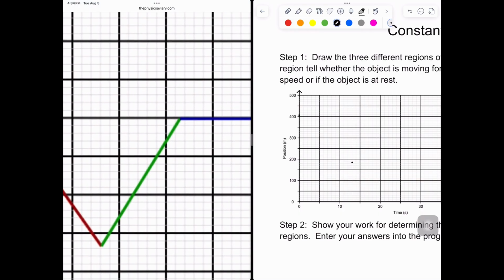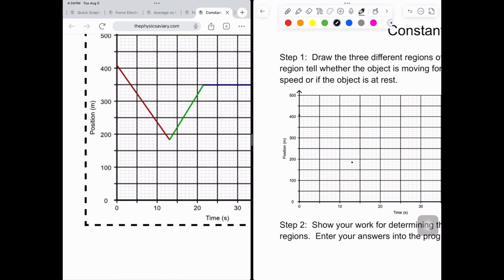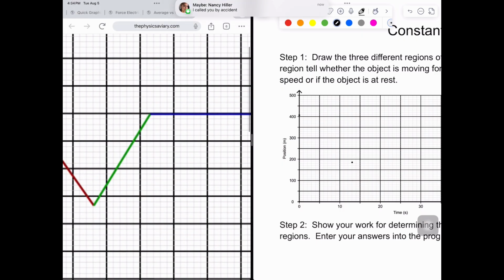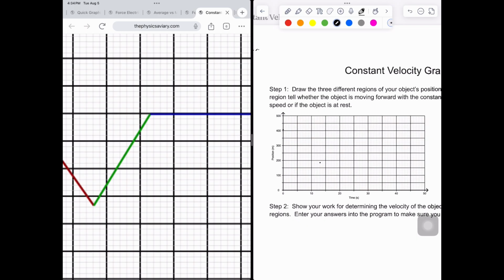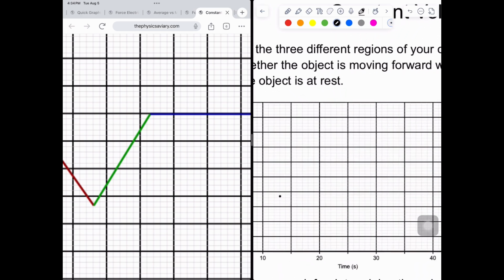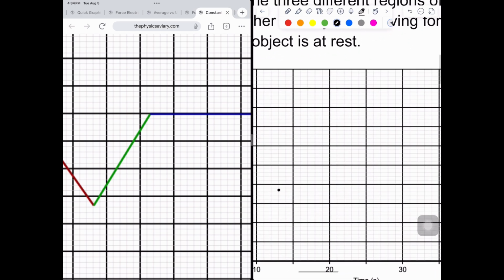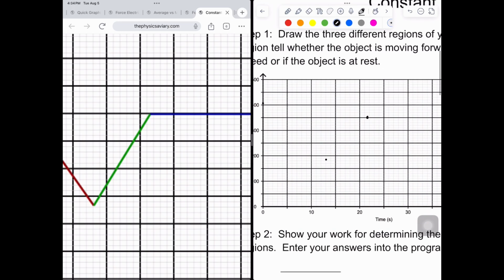Now we're going to go all the way up to about 21.5 seconds, pretty much exactly at 350. Or 21.5 seconds. Be about roughly there. Okay, now I'm going to start connecting these dots. You do the same.